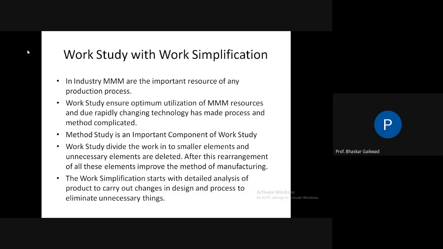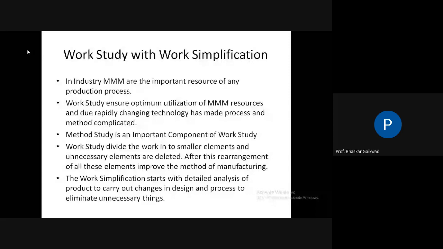Triple M means man, material, machines, which are important resources of any production process. You can take any industry, triple M will always be there. It contains man, machines, and materials. With the help of this, we can make any new product. This is part of the work study.